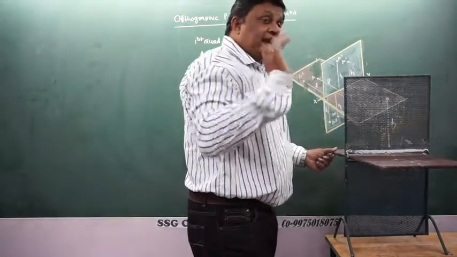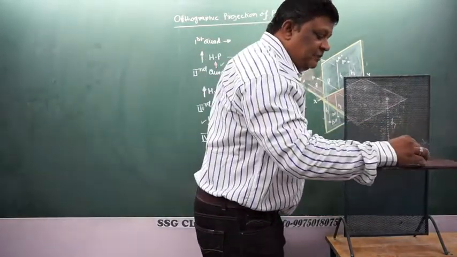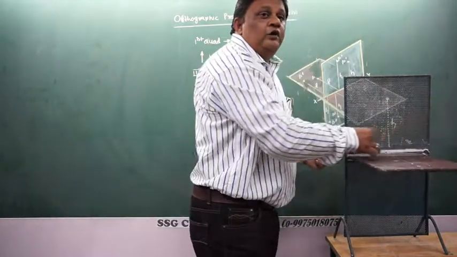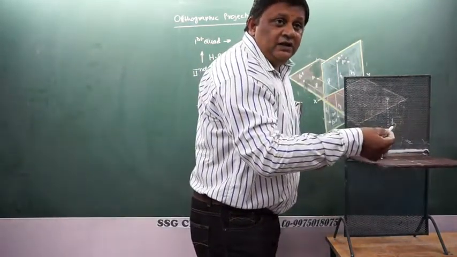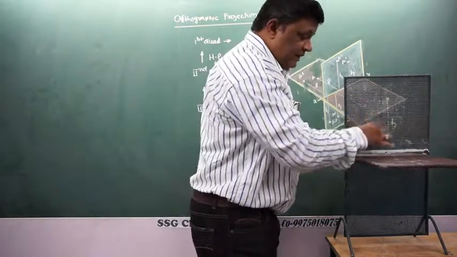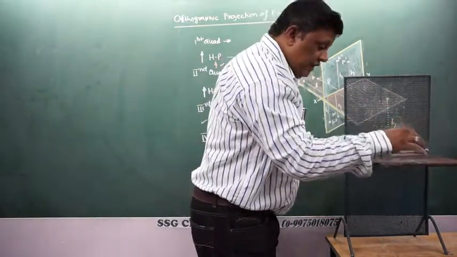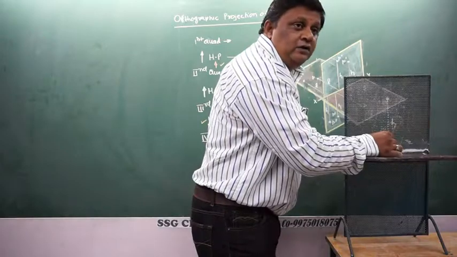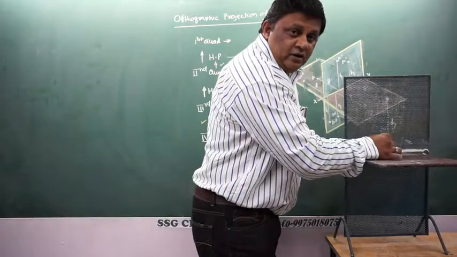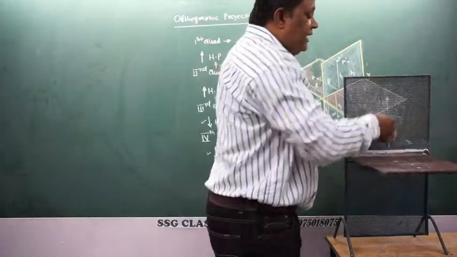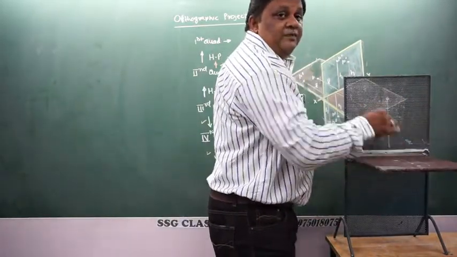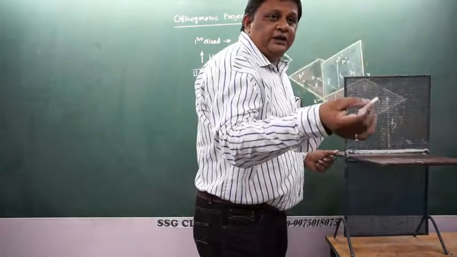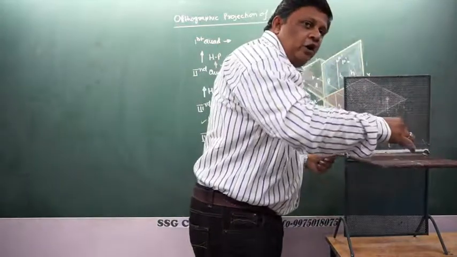That means, can I say anything in HP, its front view will always lie on XY line, or vice versa? Vice versa means if the front view is on XY line, then that point or whatever the object is, it has to be on HP.